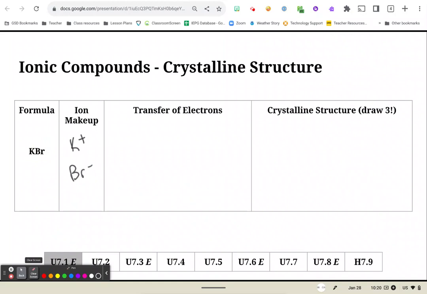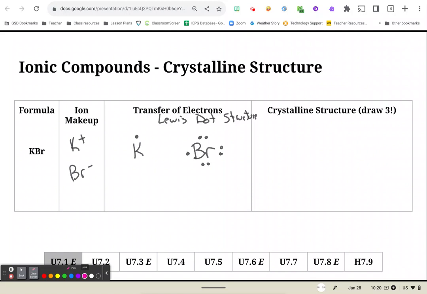All right, so then what we want you to do is you stay with writing those same amounts of them, but now you need to show the Lewis dot structures. Because what happens in a compound is the ions are formed and then they can attract to each other. So based on where potassium is on the periodic table, it has 1 valence electron. Bromine is in the group that has 7 valence electrons.